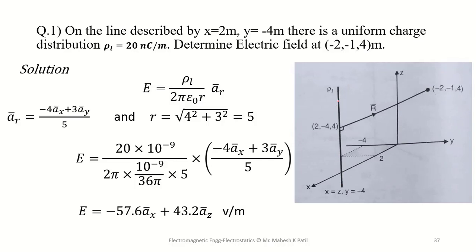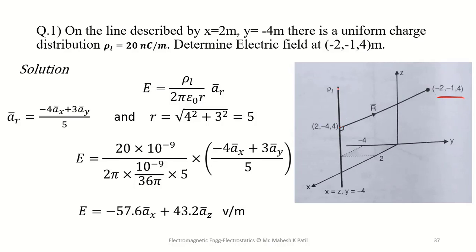For this line, x is going to remain 2 always and y is going to remain minus 4 always. Clear? So this is the line charge. Now our point of interest is minus 2, minus 1, 4. So this is the point. Now from this point, you draw a projection or a perpendicular onto this line charge. If you draw that, you are going to meet at this point.